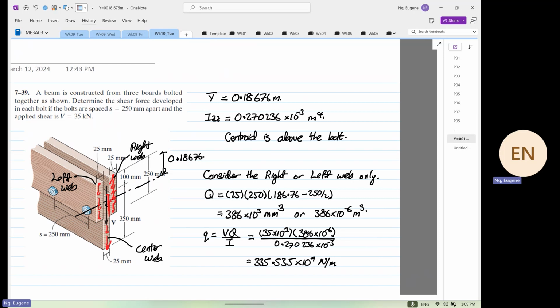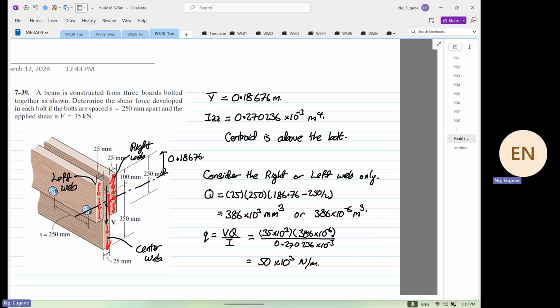Let me do it again. 35 to the power 3 times 386 to the power minus 6 divided by 0.270236 to the power minus 3 is equal to, hey, I got a different value now. You got the same number or no? I get 50 now. I do apologize. So I get 50 times 10 to the power 3 Newton per meter.